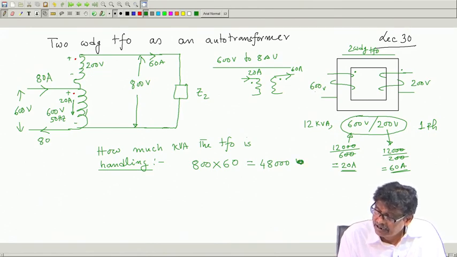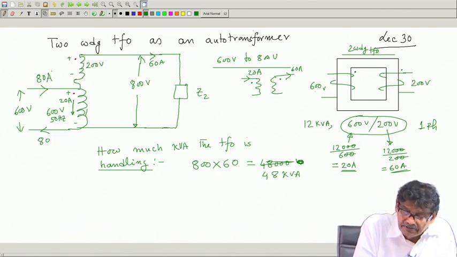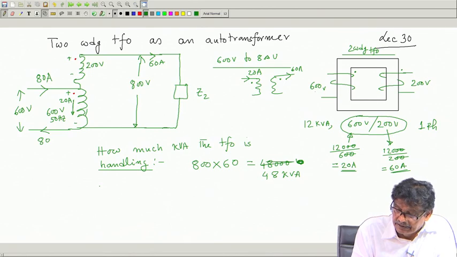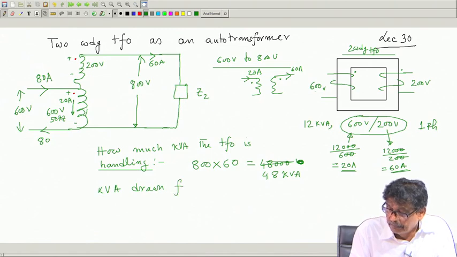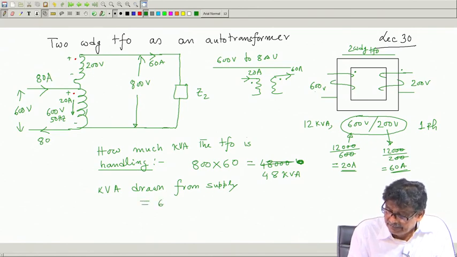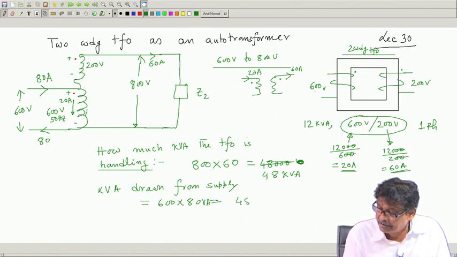So, 48 kilovolt ampere, 48 kVA, and how much kVA it is drawing from supply, kVA drawn from supply is 600 into 80, that is also, this is volt ampere and this is same as 48 kVA.